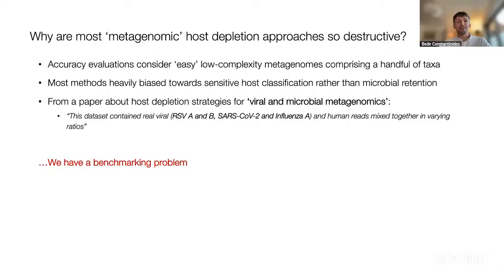And by using these tools to remove host sequences from complex, diverse metagenomes, you are essentially misusing them. That wasn't really what they were designed for, and they weren't evaluated in that context.